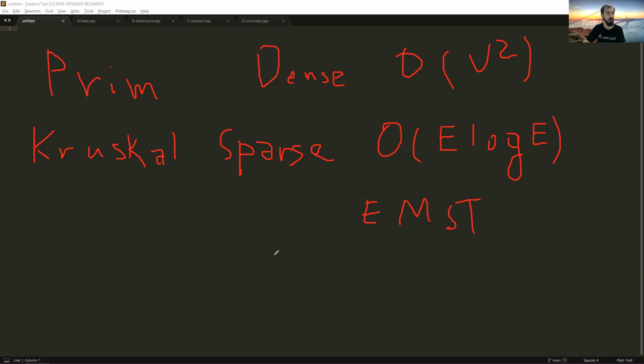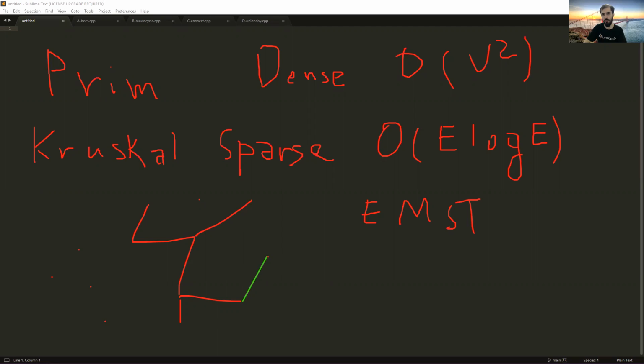Well, the proof is almost the same as before. We have some connected part. We have some other vertices. We again proceed by induction. We suppose now we would like to add this edge because it's the shortest connecting one of these vertices to the constructed part.